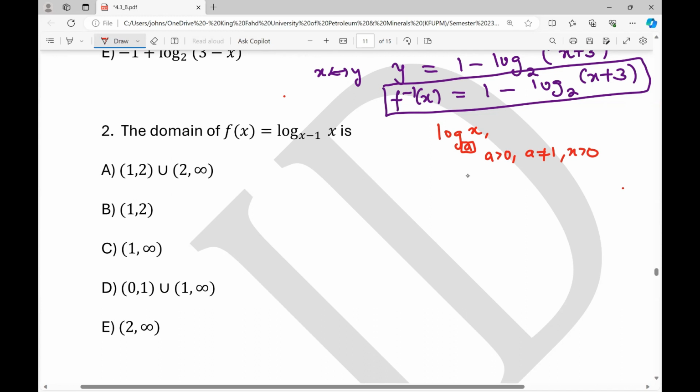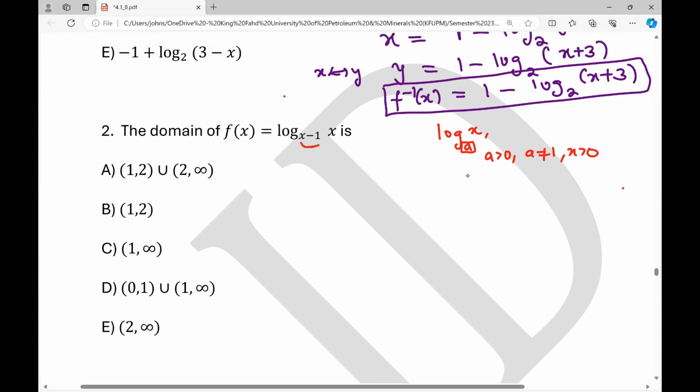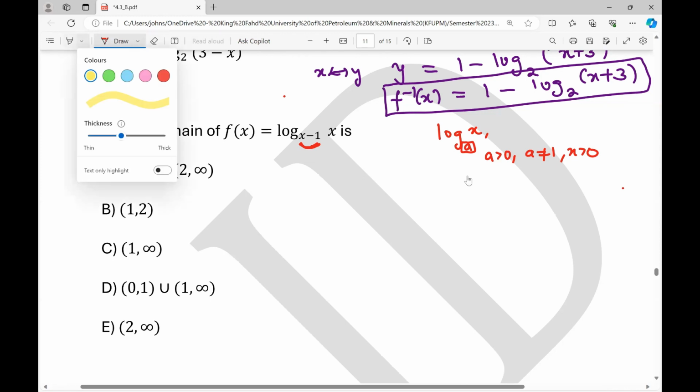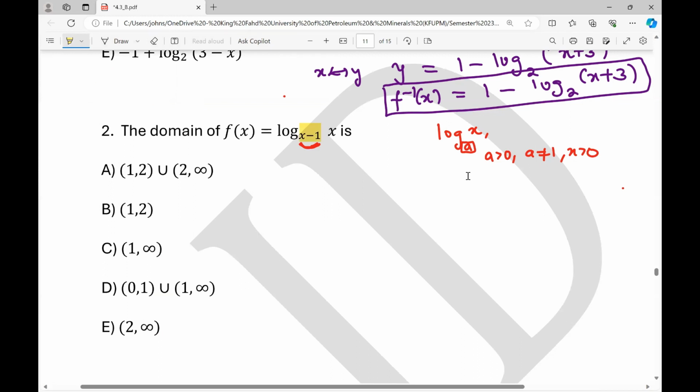So we're going to apply that here. So if you compare this now to the function that we are given, you will see that this is true. So this x minus 1 here is taking the place of this a, right? It's like standing in for a. So they have to share the same property.